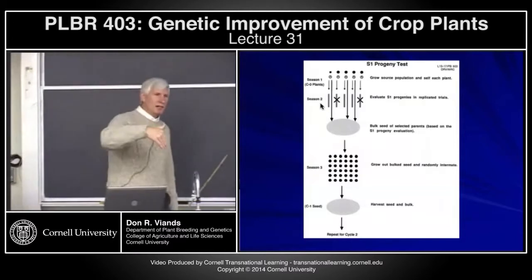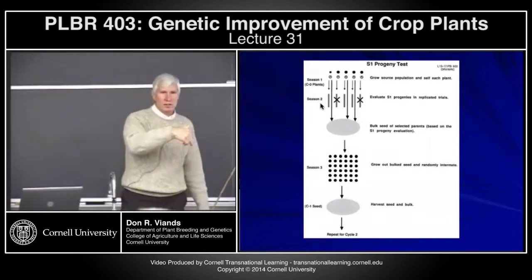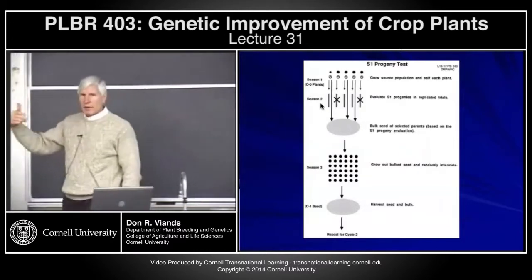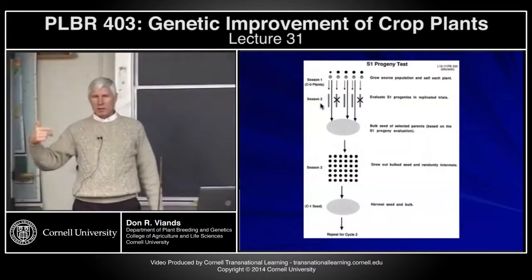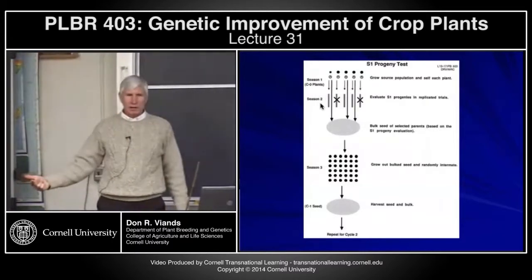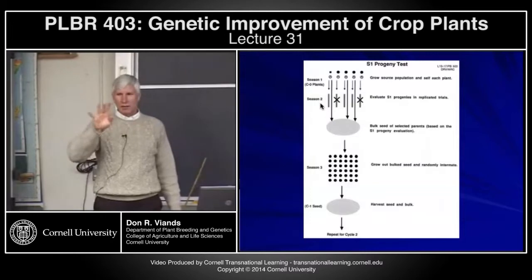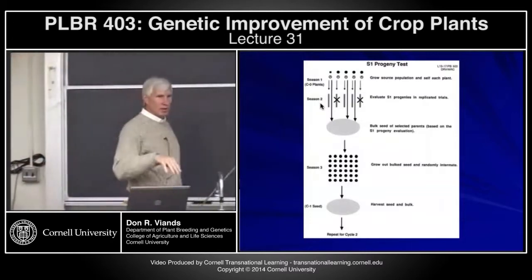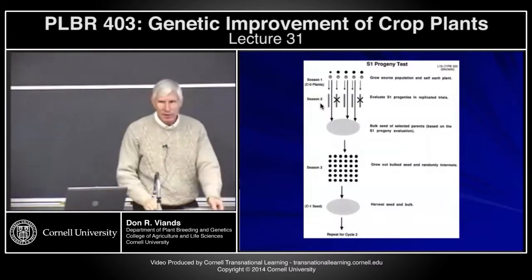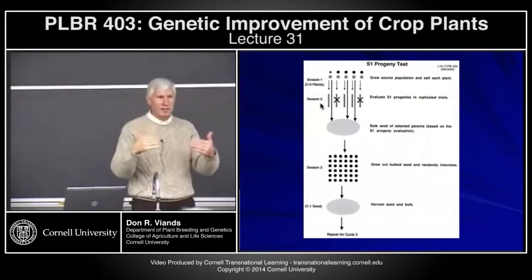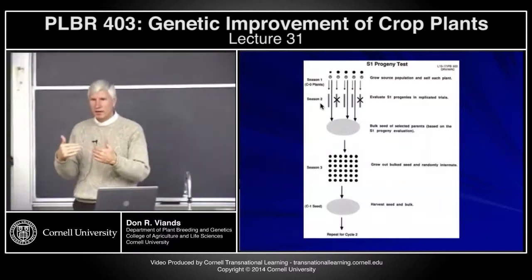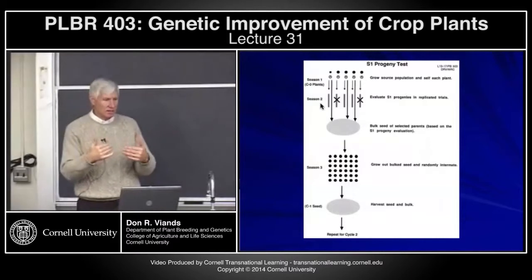Keep some remnant seed of the S2s, just like you did the S1s in the previous method. And then you take the remnant seed of the superior S2s and grow those out in season 4 and allow those to intermate to get your genetic recombination. Does everybody see that then? We're just extending it down one more generation there. But you have to do it like single seed descent.